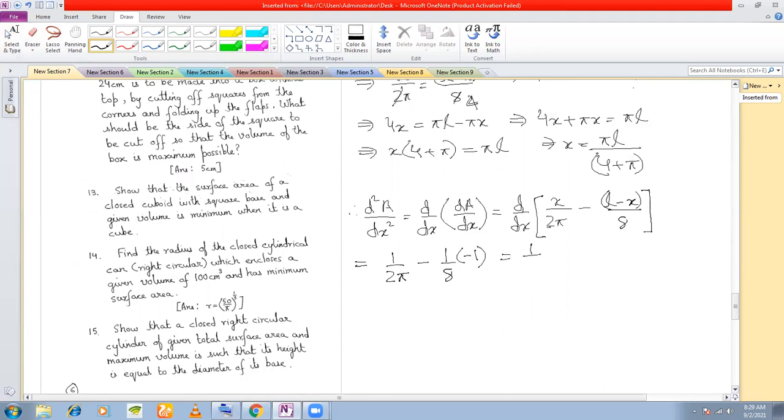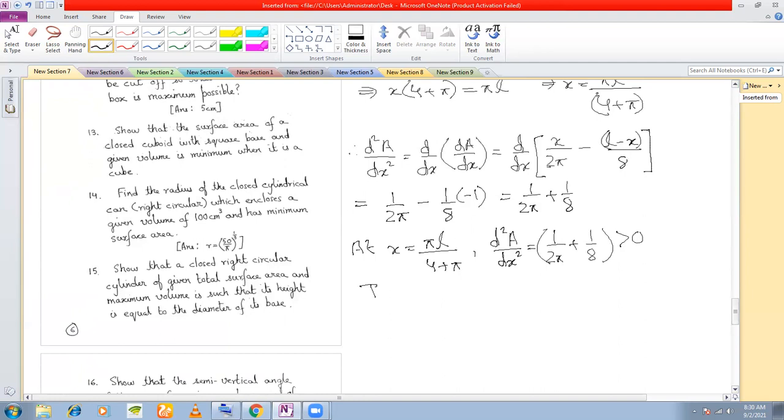So you're getting 1 by 2 pi plus 1 by 8. At x equal to pi L by (4 plus pi), what is the sign of the second derivative? d2A/dx2 remains the same, 1 by 2 pi plus 1 by 8, which is greater than 0.